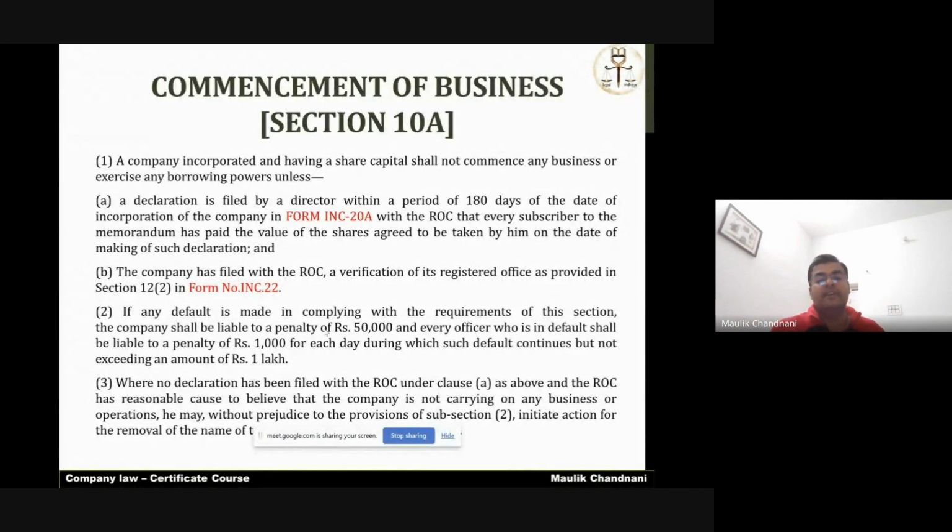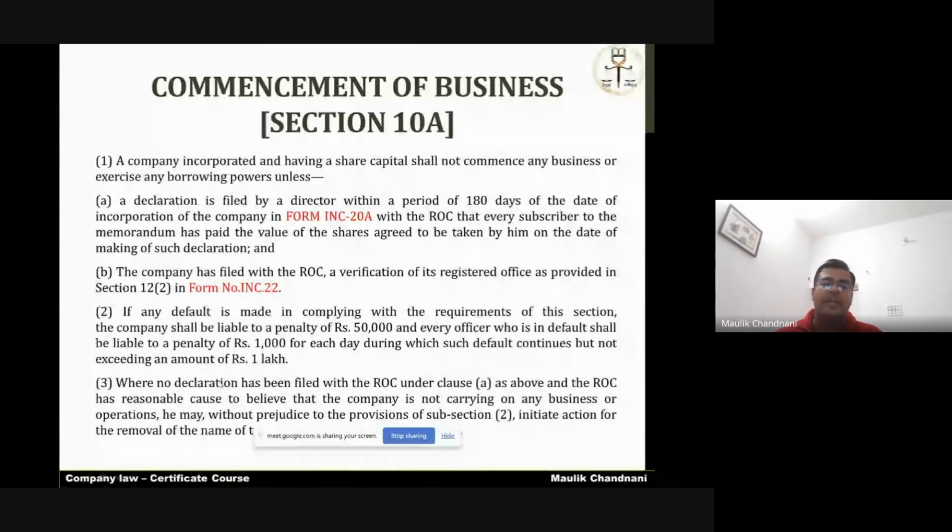Every company will pay 50,000, and every officer, every director, manager, company secretary, CEO, CFO, whoever is present in the company, shall be liable for a penalty of 1,000 rupees per day during which the default continues. But the maximum penalty to those officers is 1 lakh rupees.